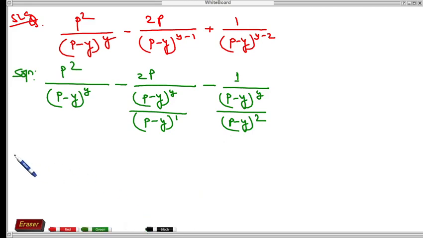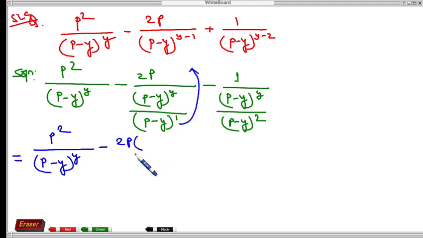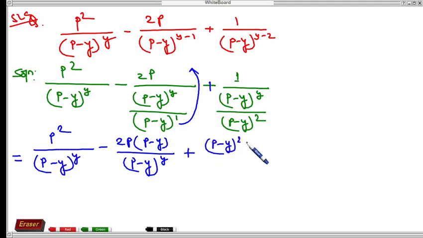First step is that. And again in the second step, p squared over (p − y)^y, minus 2p times (p − y) over (p − y)^y, plus (p − y) whole square over (p − y)^y, just shifting.